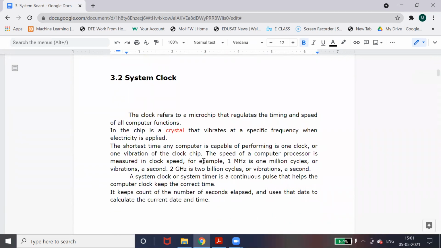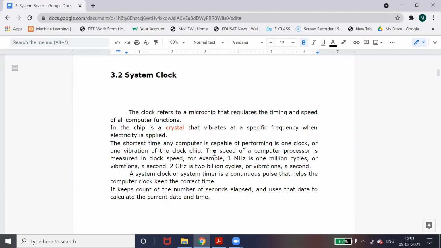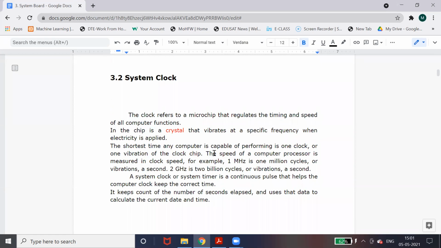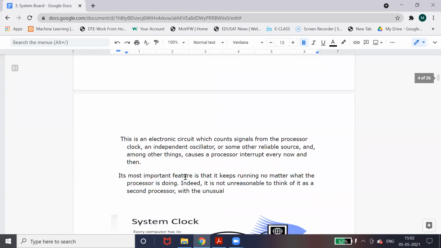Next we will see the system clock. You know that every personal computer has a clock system. What is the use of the clock system? It is used to give the correct date and time. That is the use of the system clock. Now what exactly is the system clock?